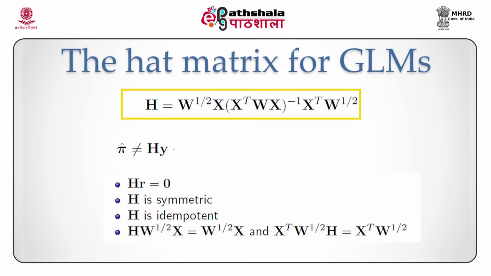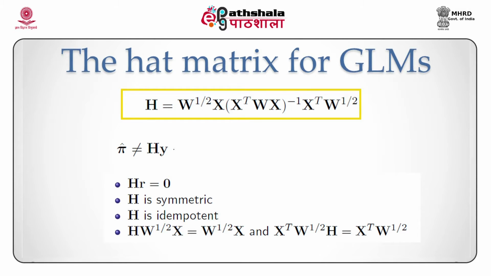So firstly note that H R is equal to 0, where R is the vector of Pearsonian residuals. If you compute H transpose, then you will see that H is equal to H transpose, that is, H is symmetric. Also, if you multiply H into H, you will see that H squared is equal to H and that H is idempotent.